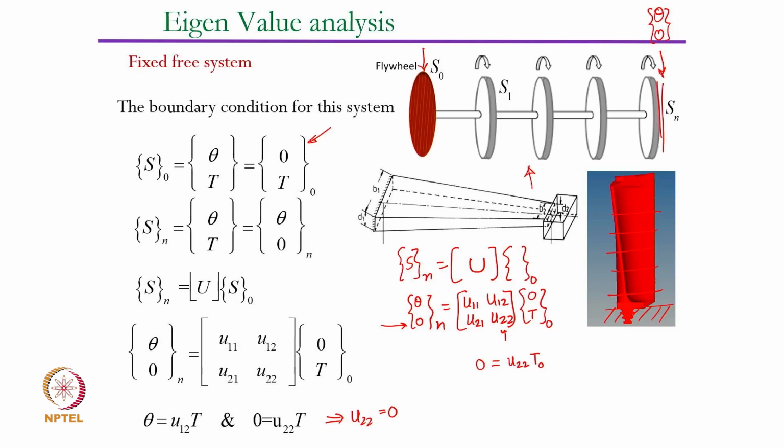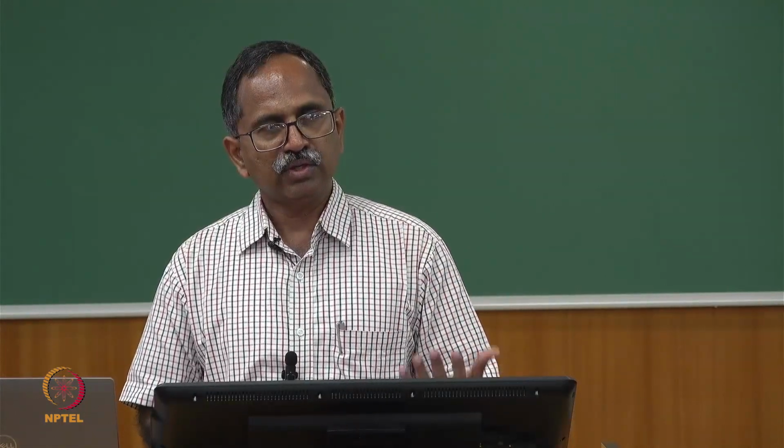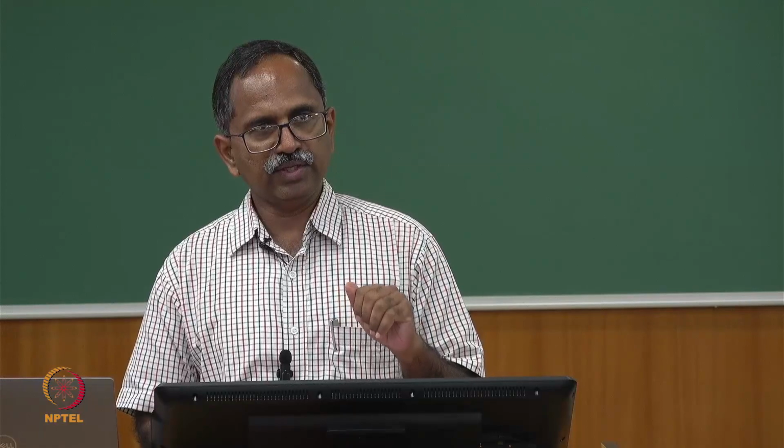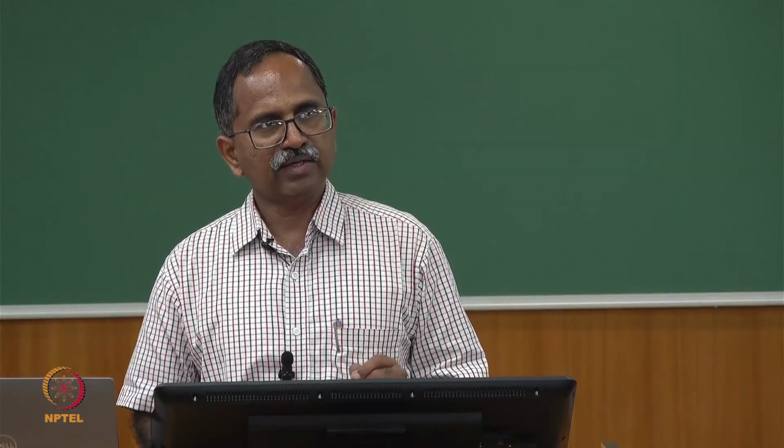Now, because all the transfer matrices are a function of omega, we can't know the individual elements of any of the transfer matrices numerically because omega itself is unknown. What we now try to do is assume a value of omega and check.